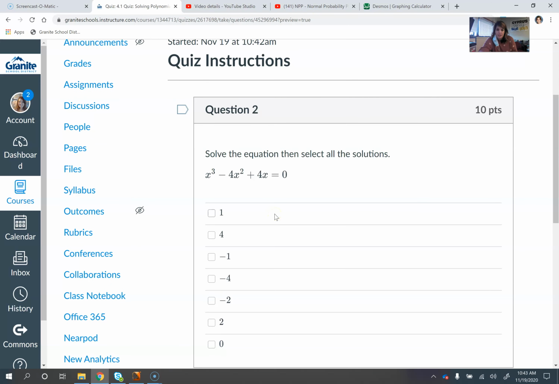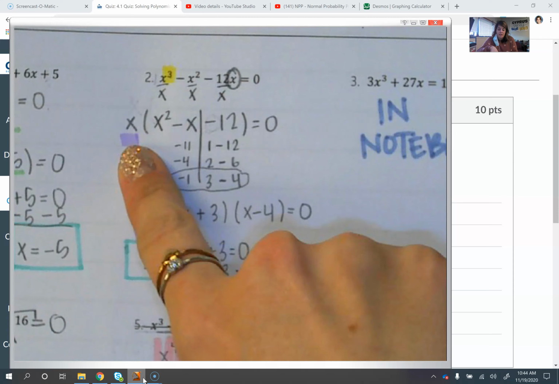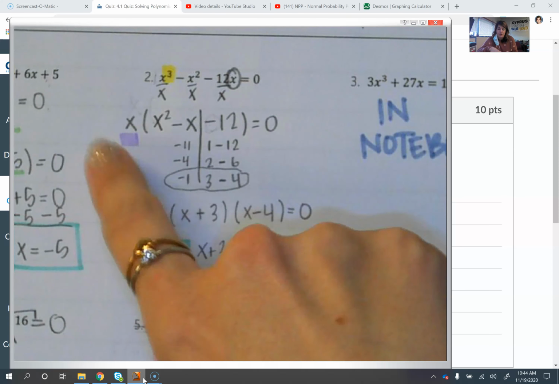Question 2 is the same. So on 1 and 2, you are going to want to use number 2 in your notebook. Remember, on these ones, the biggest key is that you have to factor that x out first.